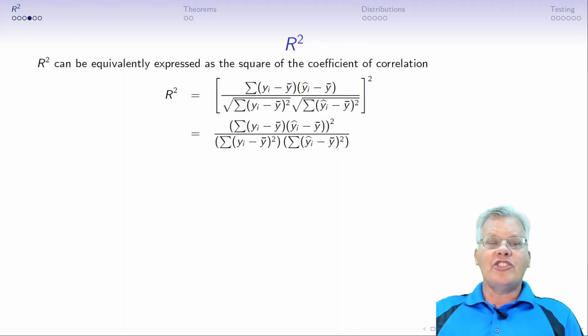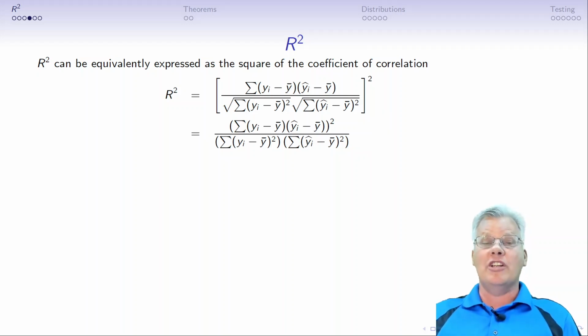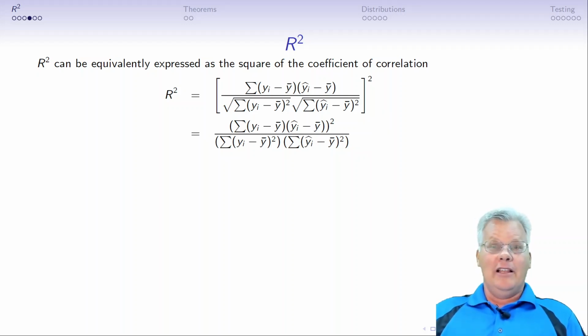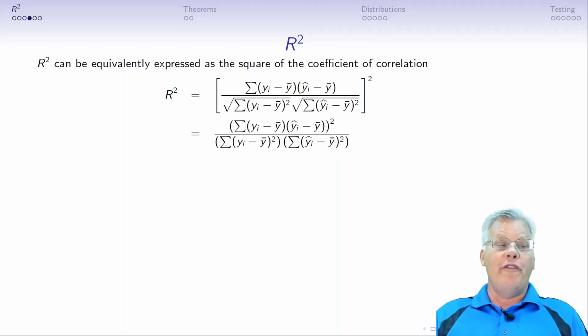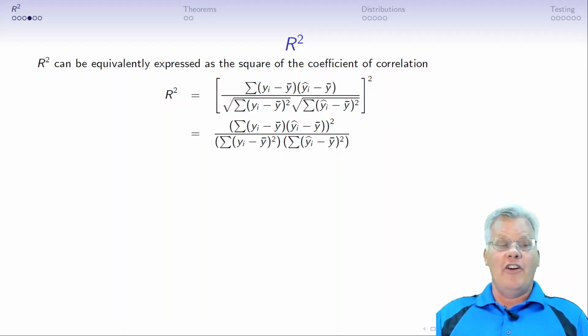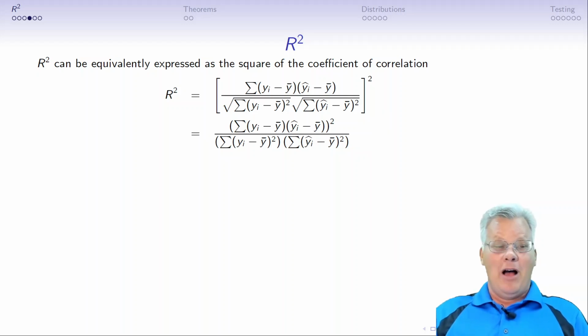Now, r squared can equivalently be expressed as the square of the coefficient of correlation. In historic classical statistics, rho, the coefficient of correlation, was a very important parameter. The coefficient of correlation is equal to the covariance divided by the product of the standard deviations of both variables.